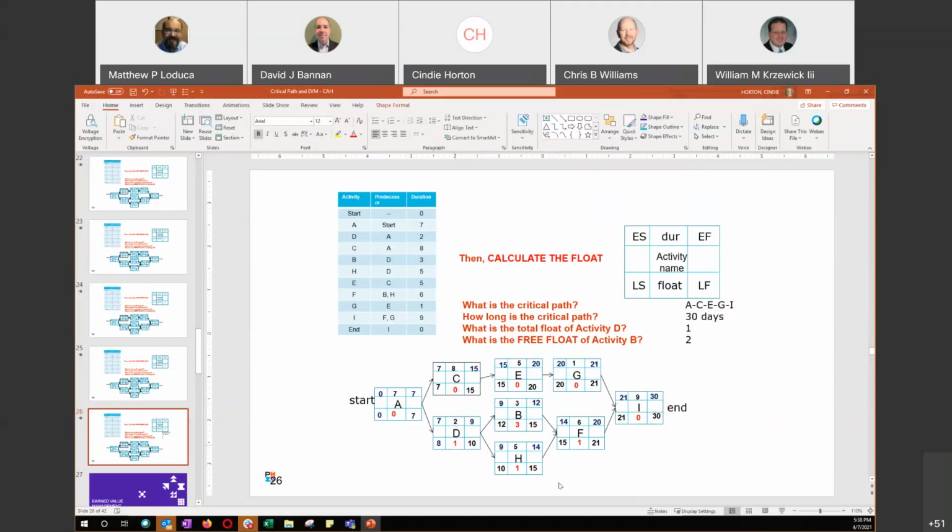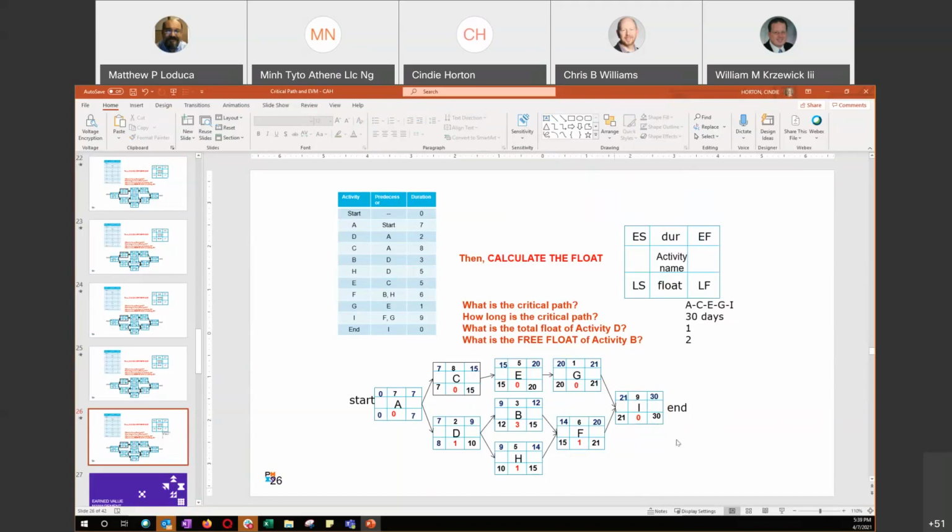Exactly. And what's the free float on activity B? 2. Are you guys getting that from calculating that, or are you looking at the number up there on the answers?